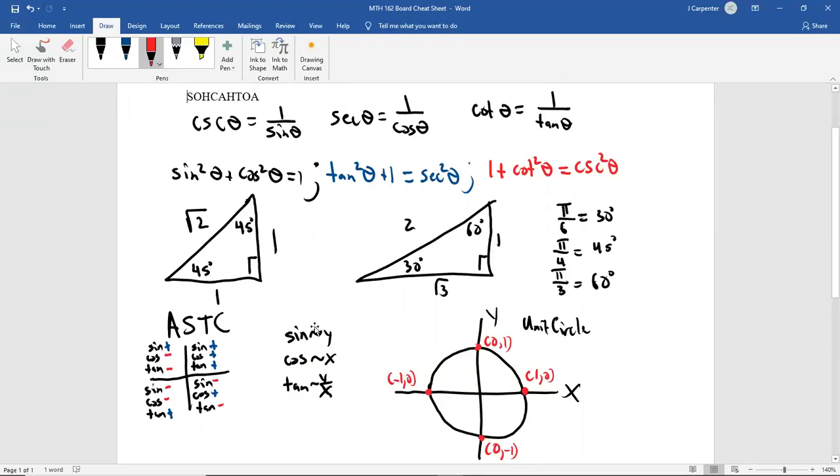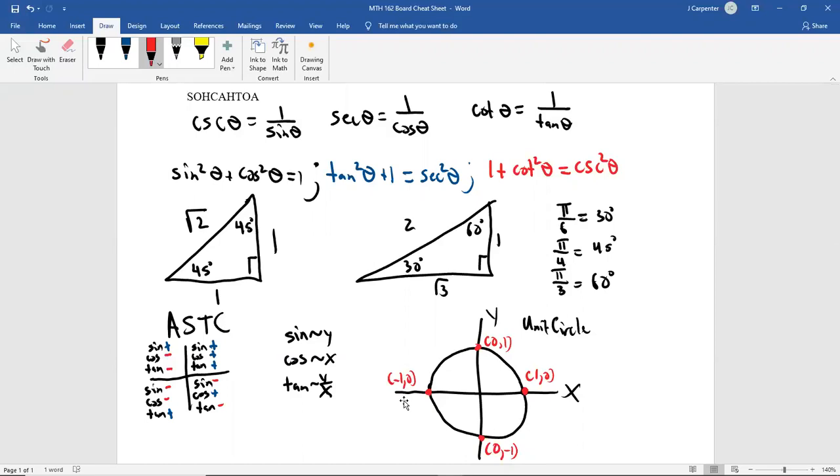The fact that sine basically takes on the properties of the y value of a coordinate, cosine takes on the properties of the x value of a coordinate, and tangent takes on the properties of y over x. And when I say takes on the properties, it is exactly true on a unit circle, which is how we can do the quadrantal angles, meaning the cosine of 90, the sine of 180, the tangent of 270, the secant of 360, all the 90-degree angles.